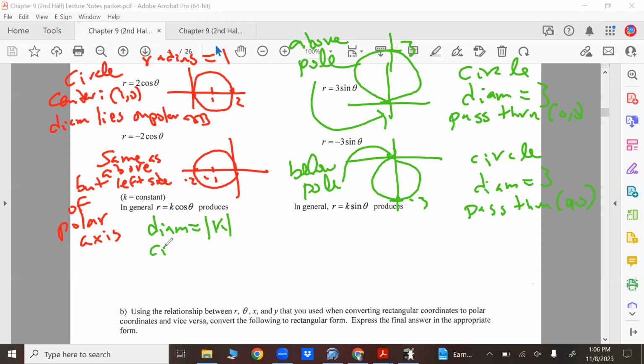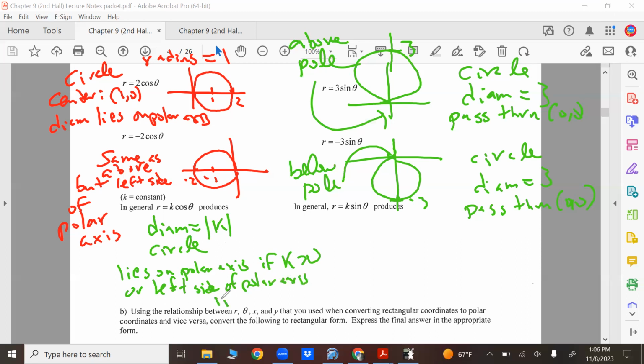It's a circle and lies on the polar axis if k is greater than 0, or on the left side of the polar axis if k is less than 0. And also it contains 0, 0. So that's what we can expect generally.